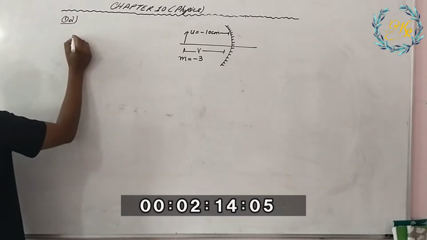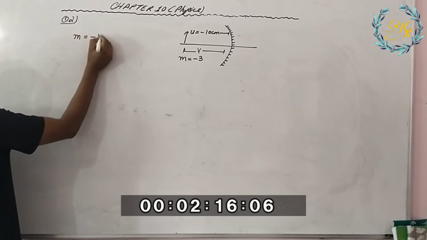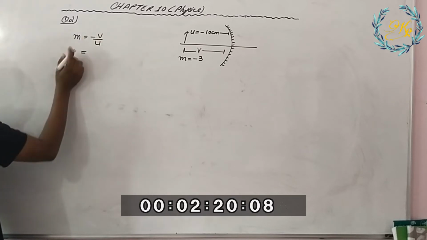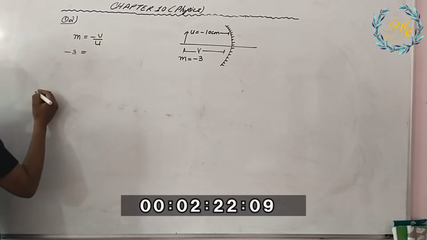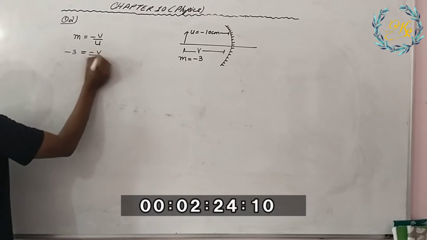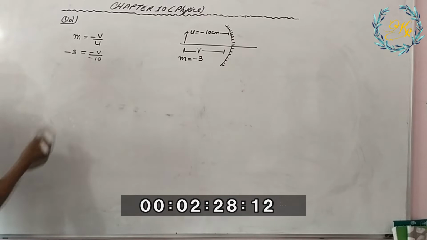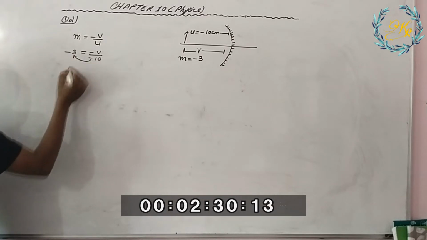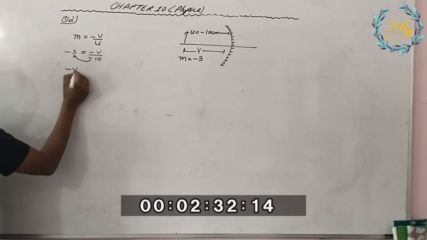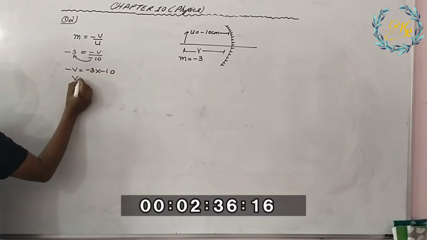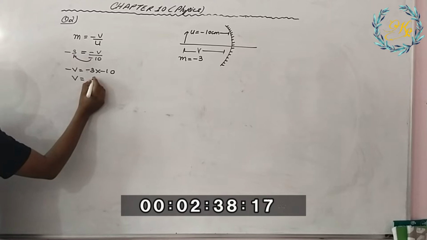Alright, so let's solve it. By the formula of magnification, we have m = -v upon u. Replacing the values, here magnification is given as -3, and -v upon the value of u, which is given as -10. Now take this value on top. You get -v is equal to -3 into -10. Therefore v is equal to minus into minus, plus.